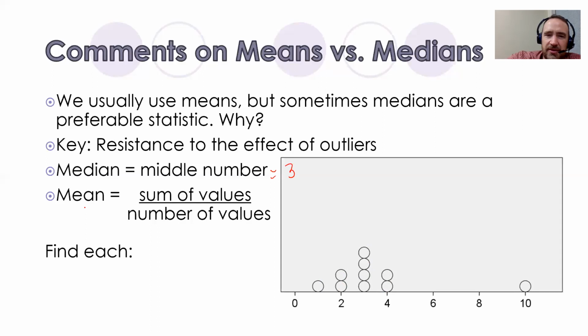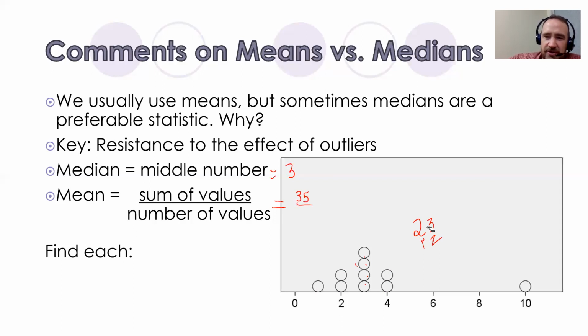Now, on the other hand, the mean is the sum of the values divided by the number of values. Here, if I add up all these values, the 10 is going to play into that sum in a very important way. When I add 10 plus 4 plus 4, that would be 10, 14, 18, and 3 more is 21, 24, plus 1, 2, 3, 4 more. That's 35.